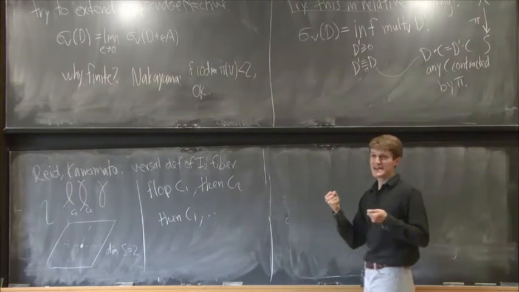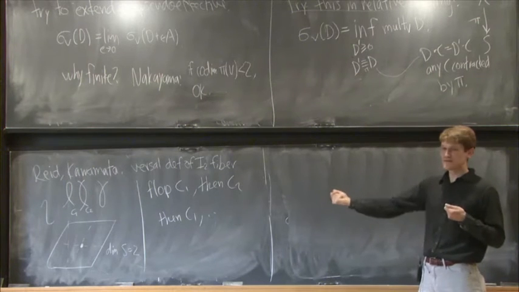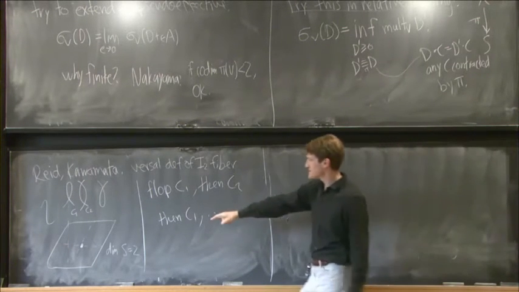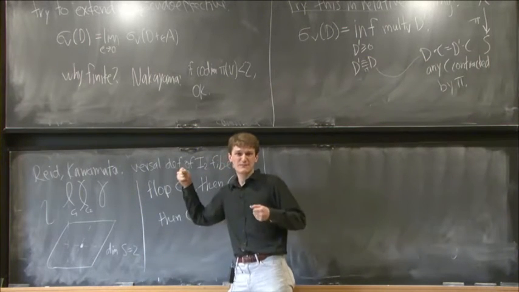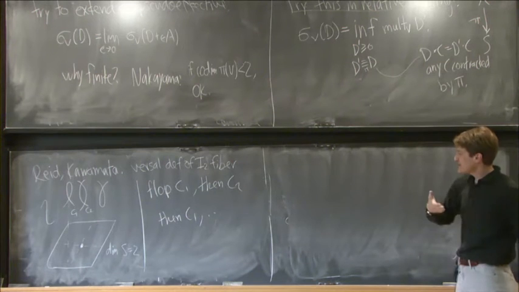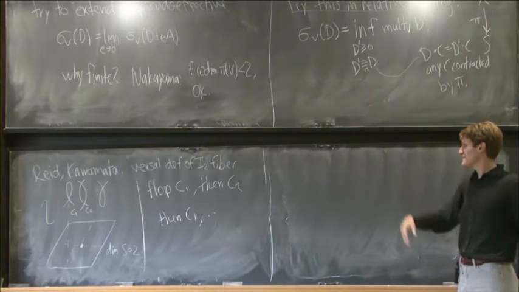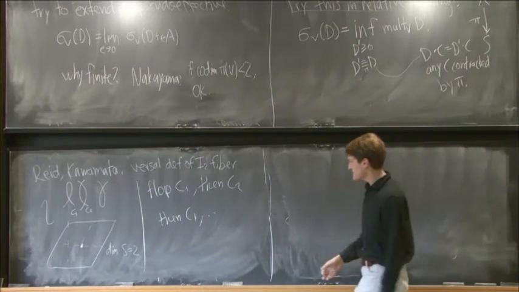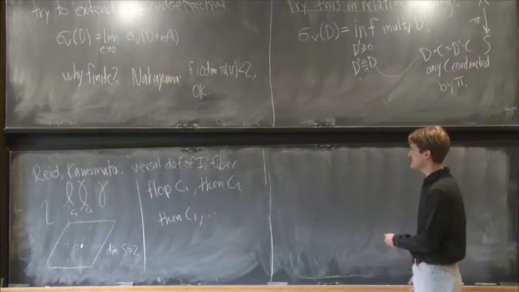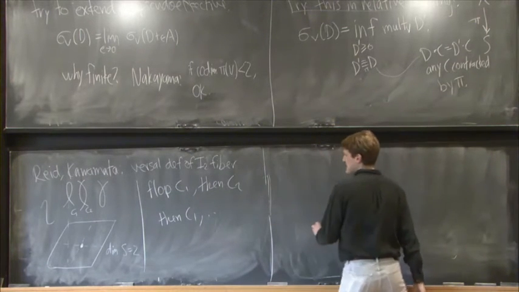If you flop C1 again, you take the strict transform, it's going to get even more singular along C1. And every time you flop one of these curves, the strict transform of your divisor is going to get more and more multiplicity along those two central curves. And so when you take the strict transform and there's some very, very long sequence of flops, you expect you should get something that's extremely singular along those curves. And if you calculate it, that's exactly what happens.